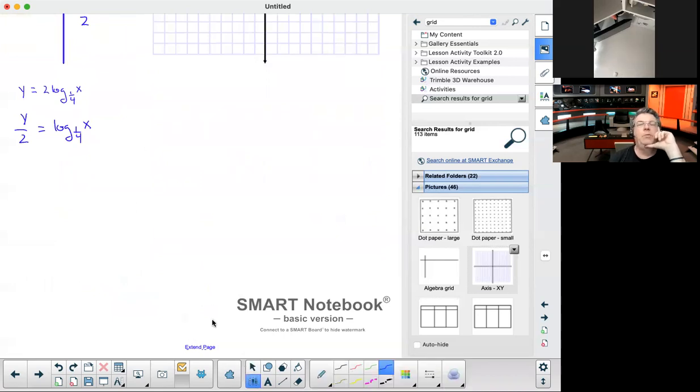So when y equals 2, I'll just put it off to the side here. Would you agree that 1 equals log base 1/4 of x? Yeah. Okay, so then you just go to exponential form, which is 1/4 to the first power is equal to x. So x equals 1/4.